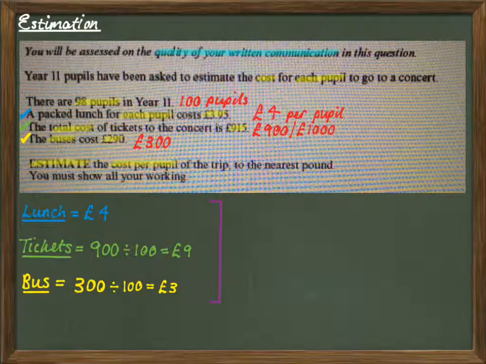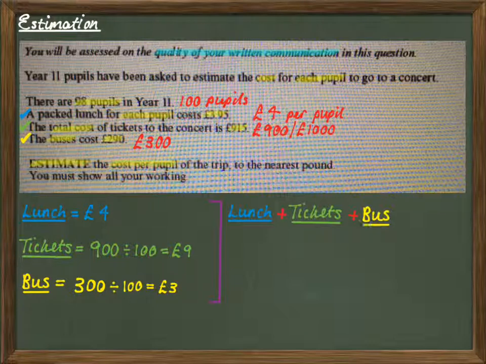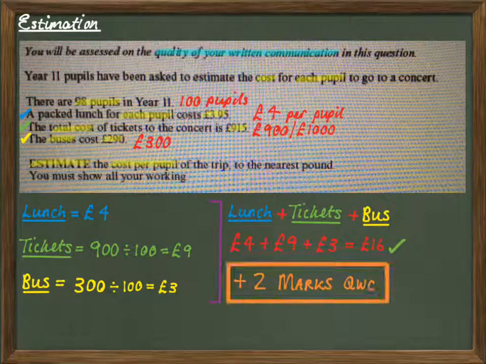Last thing then, estimate the cost per pupil for the trip. So imagine it's one person, they have to pay all 3 of these to go on the trip. So it's the lunch, plus the tickets, plus the bus. So it's going to be £4 plus £9 plus £3, and that all comes to £16, and that will give you the correct marks.